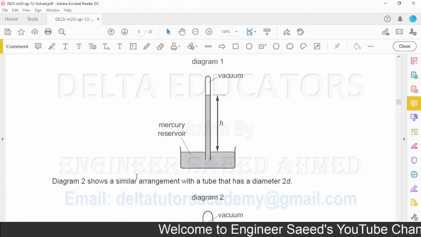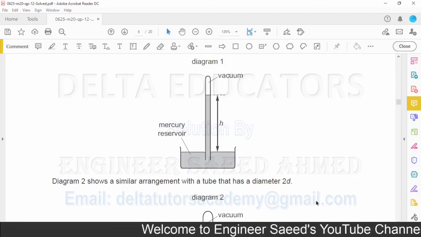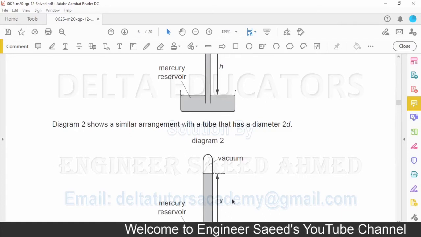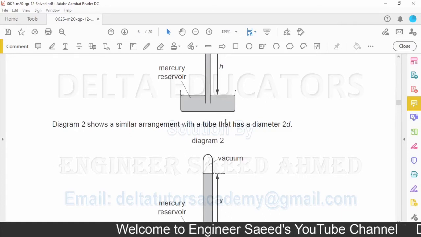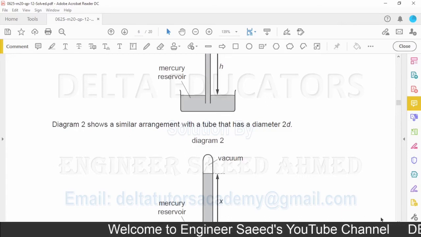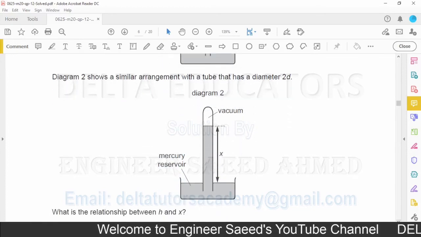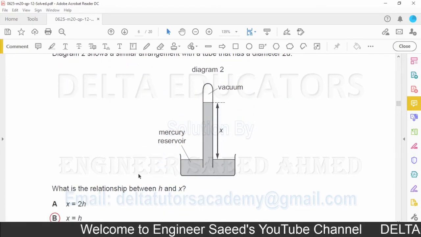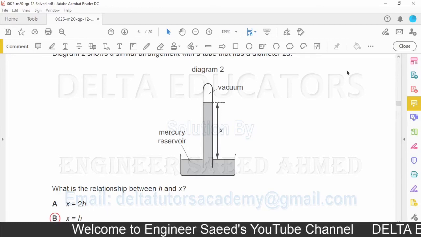Diagram 2 shows a similar arrangement with a tube that has a diameter 2d. Here we have diameter 2d. Okay, this arrangement we use to find out the atmospheric pressure. What is the relationship between H and X?